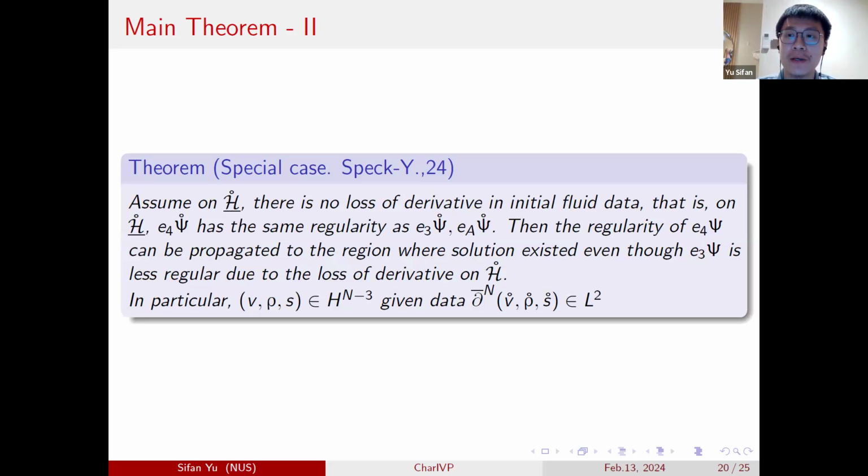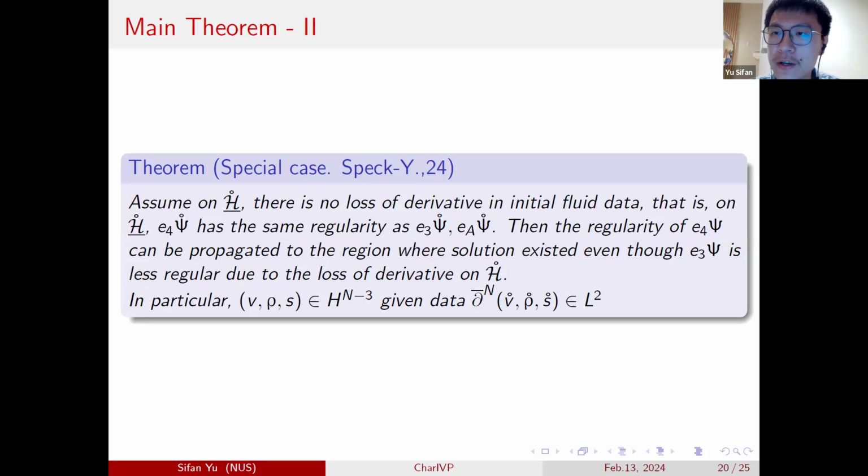This might be a little bit confusing. The transversal derivative on H bar is the L direction, or the E4 direction. So I'm assuming E4 of psi is as good as E3 psi, E_A psi on H bar.